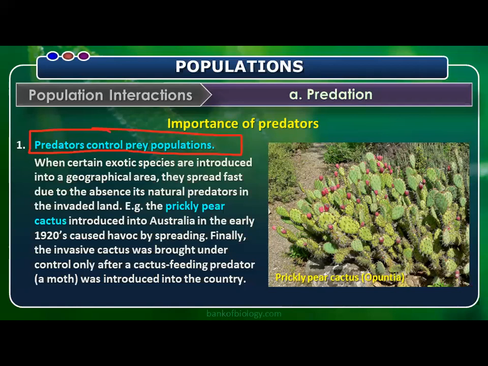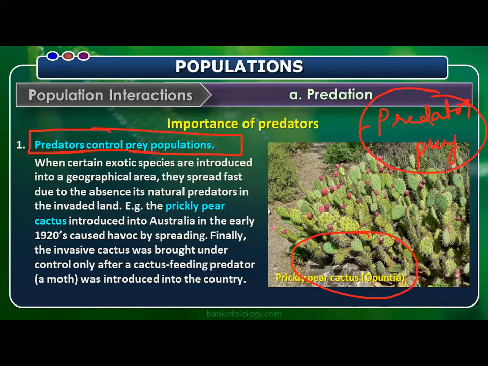That means the predator and prey relationship is a mechanism which differs in different ecological regions, so when we introduce a predator or prey into an area which is not their natural habitat, what happens?